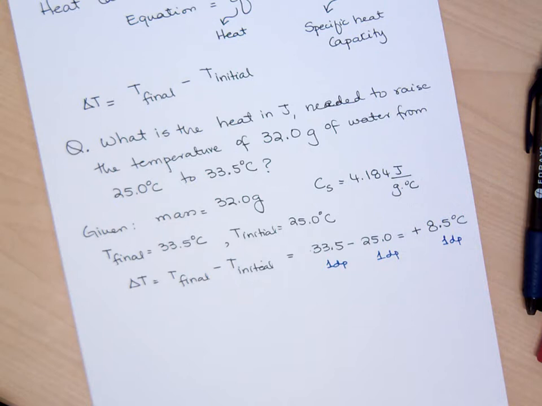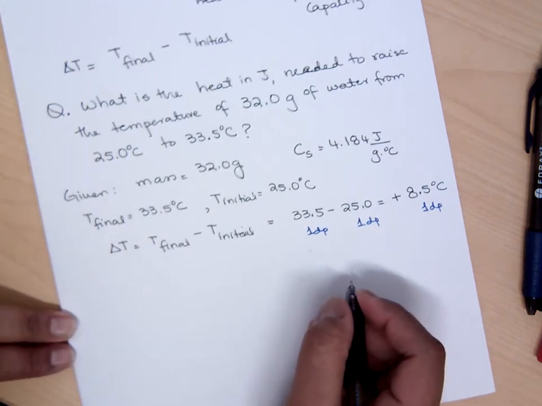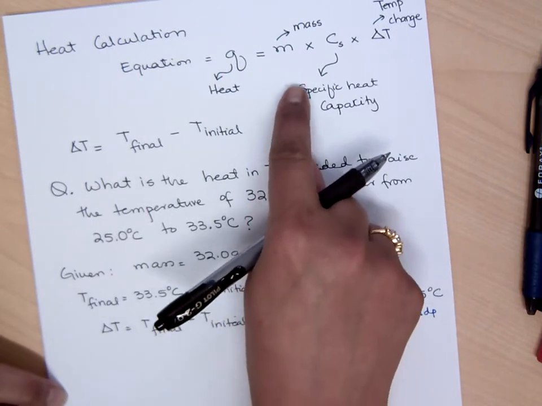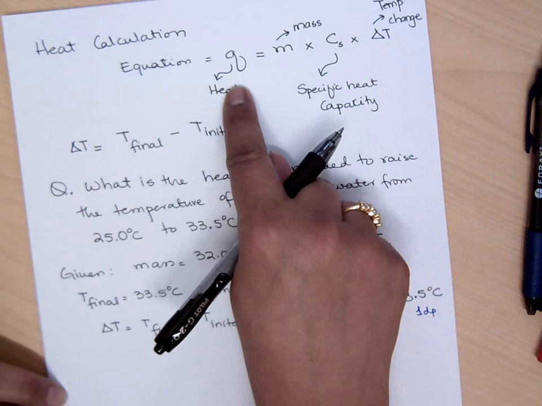Okay, what do we have to find? We have to find the heat. The heat is recognized as Q in this equation, so we need to use this equation to solve for the heat.